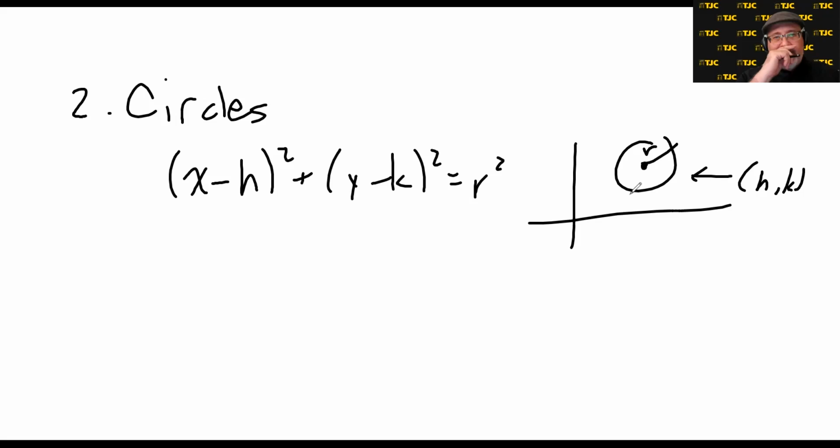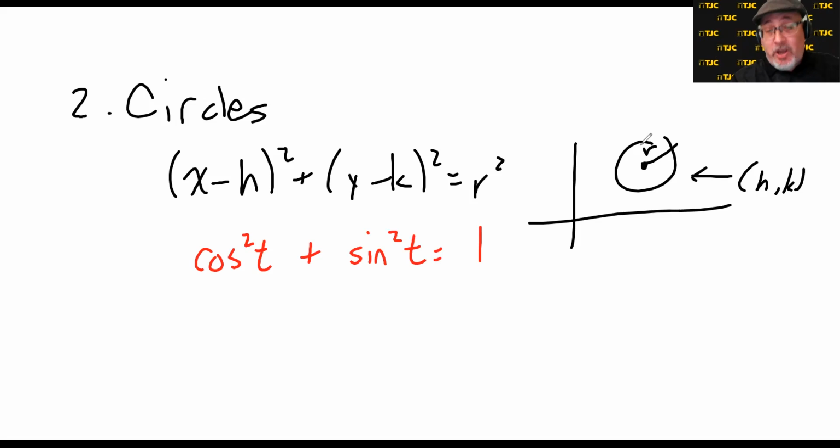So how do you parameterize this? The way you parameterize a circle is you actually take advantage, and I'm going to show you the development of this in case you forget it. You take advantage of the Pythagorean identity cosine squared t plus sine squared t equals 1. Now this isn't the parameterization, I'm working up to it.